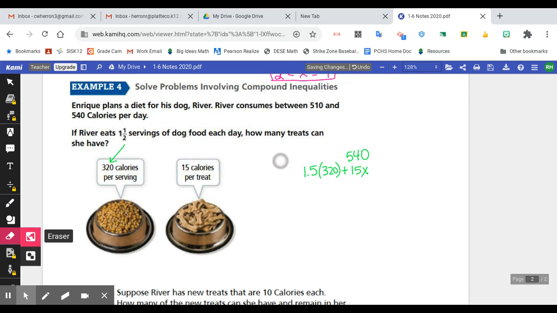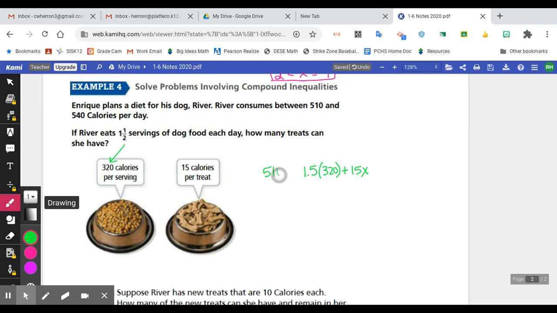So let me erase these two numbers here so we have a little bit more space. 510, 540, and we want them to be between these two.